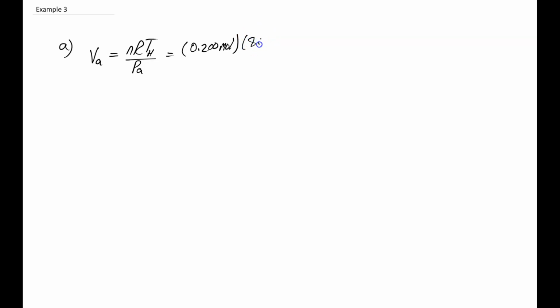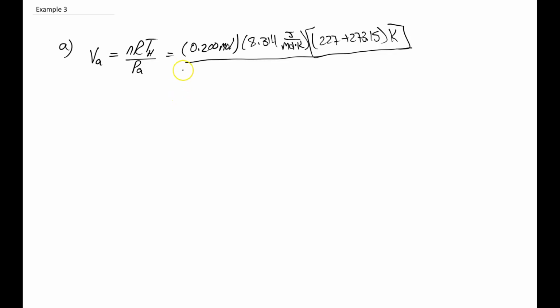The gas constant is 8.314 joule per mole Kelvin, and the temperature is 227 plus 273.15 kelvins over 10 times 10 to the 5th pascals, which gives us a volume of 8.31 times 10 to the minus 4 meters cubed.